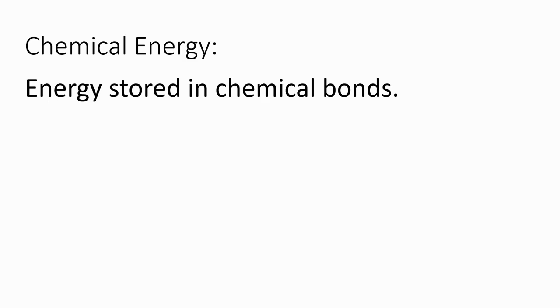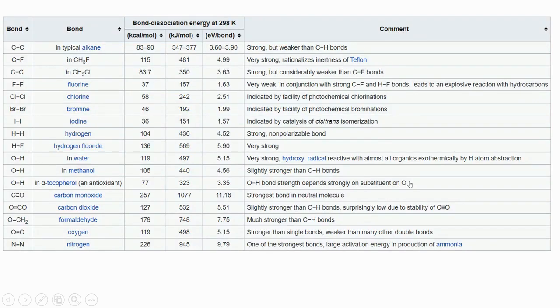All right, so I have this graph over here. This is just from Wikipedia. This is a whole bunch of different bond energies. This is pretty hard to see probably back there, but if I look through, there are all these different types of bonds.